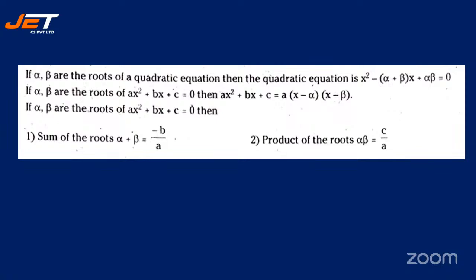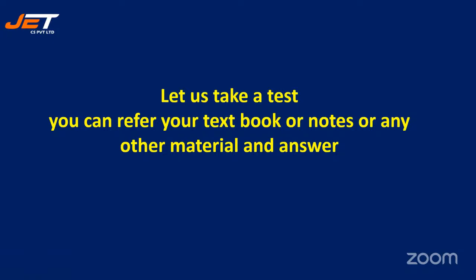The sum of the roots, alpha plus beta, is minus b by a, and the product of the roots, alpha beta, is c by a.